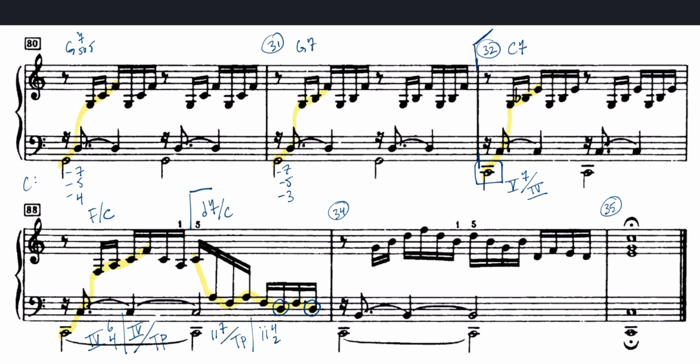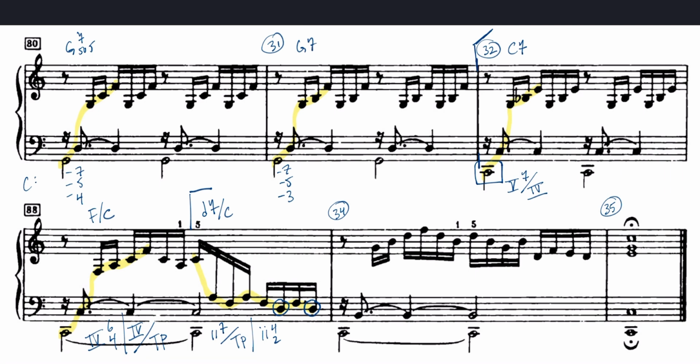Well, recall that this F major chord that arrives on the downbeat of measure 33 is temporarily tonicized by the preceding C dominant seventh chord in measure 32. What that means is, just within the local view of these measures, we have a dominant in measure 32, albeit secondary, and then a tonic, albeit secondary, on the downbeat of 33.